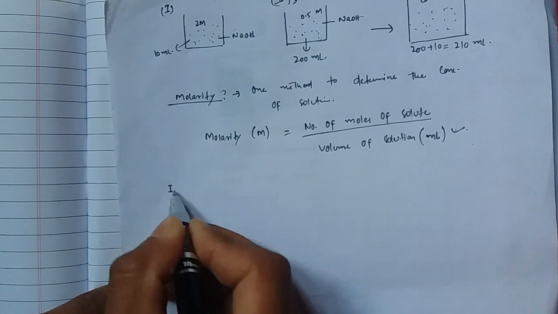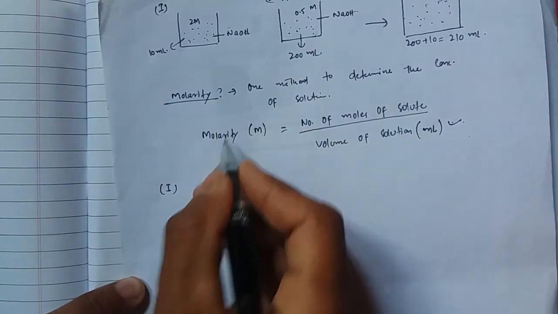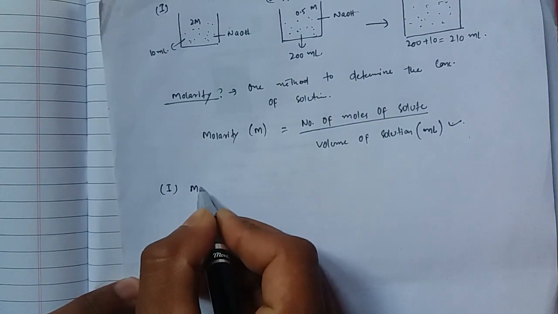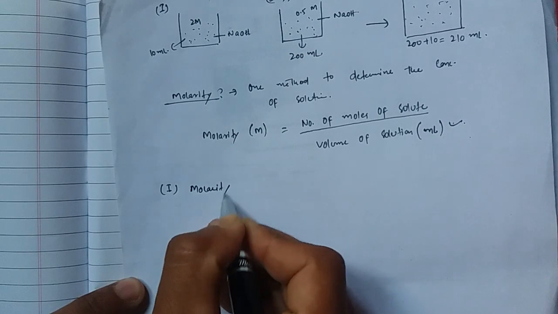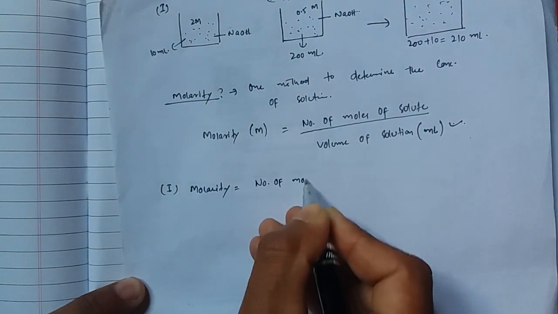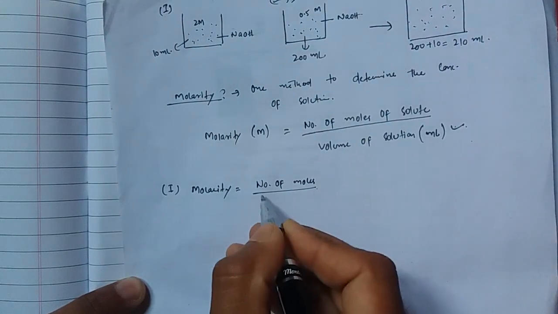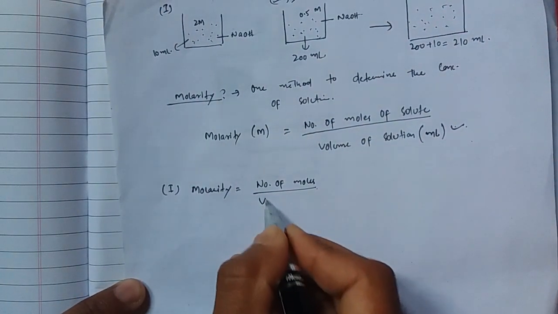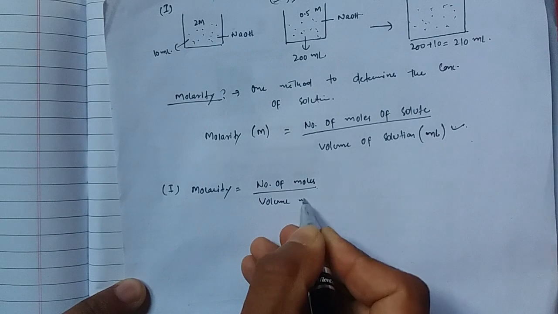So in case of first solution we will use the same formula, that is molarity is equal to number of moles divided by volume in ml.